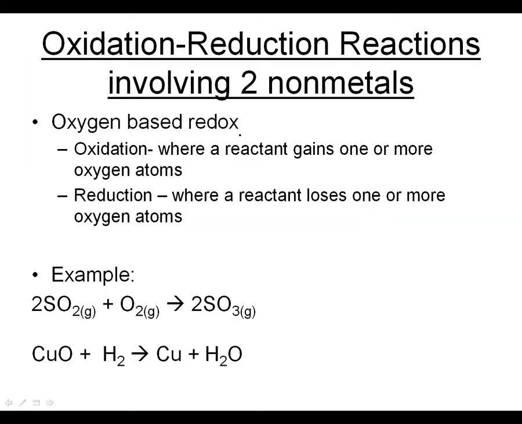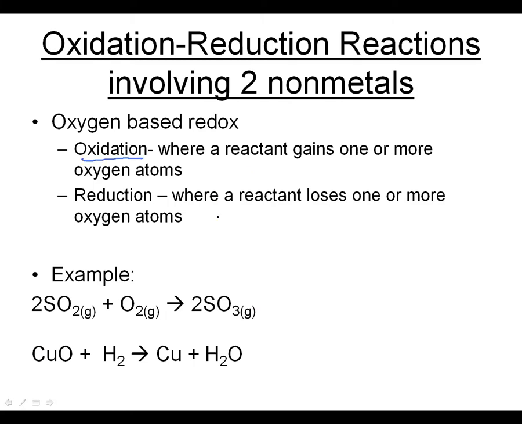A lot of times what we'll deal with will be metals and non-metals, but there are some definitions of oxidation and reduction for when we get two non-metals together, because they will not transfer electrons. They will share electrons. So we can look at oxygen either being gained or lost. If oxygen is gained as it goes from reactants to products, that substance is going through oxidation.